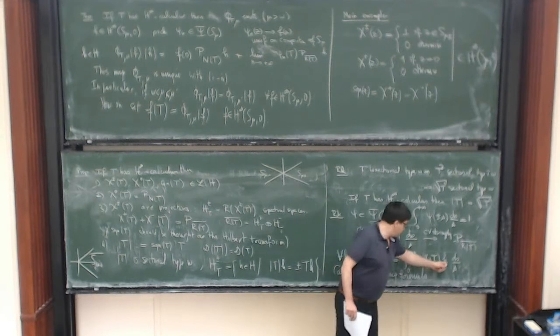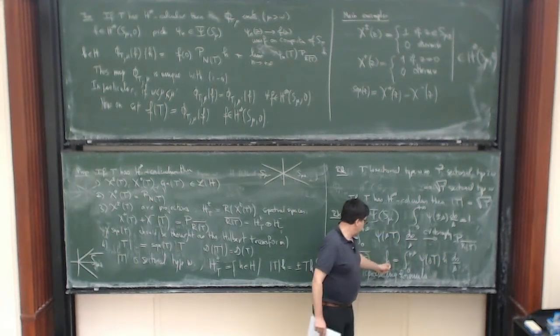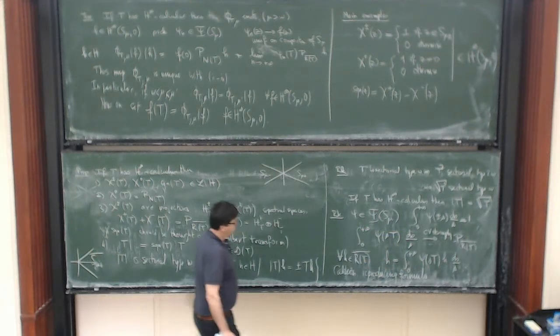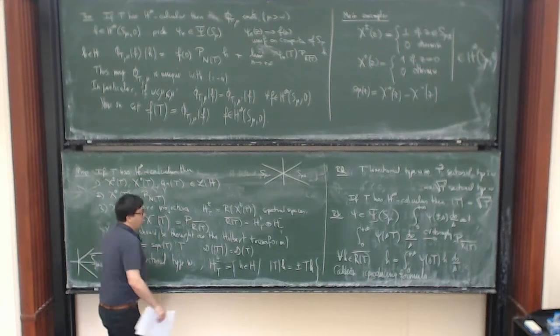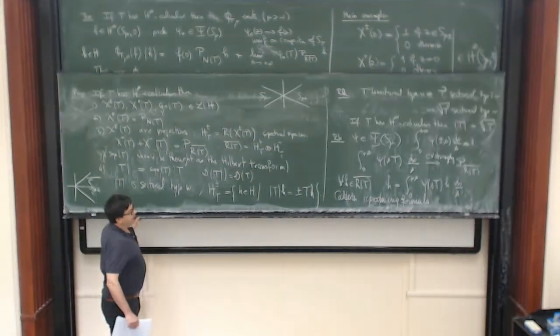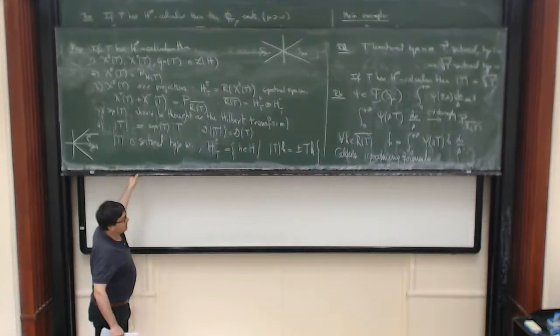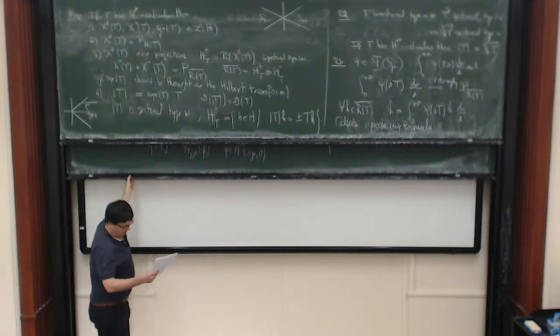So if H is a null element, this would give 0, and of course it does. This integral cannot converge to H. So you have to put this restriction, and actually that's one of the main difficulties in applying this technology to the boundary value problem. You always have to work in the range, and you have to be careful about that.